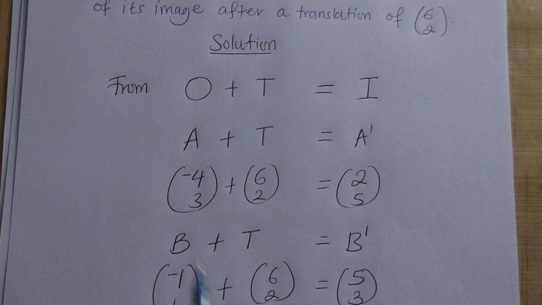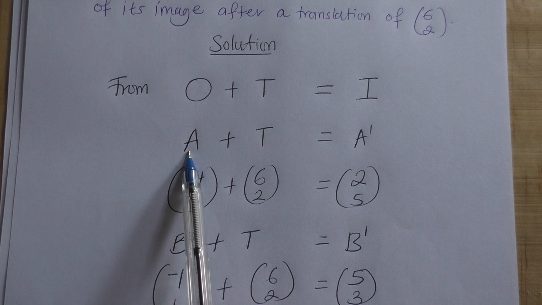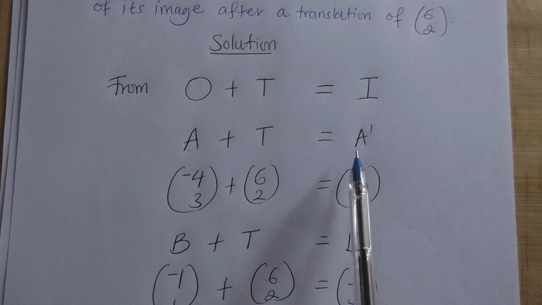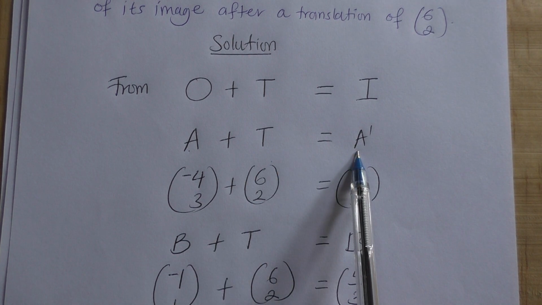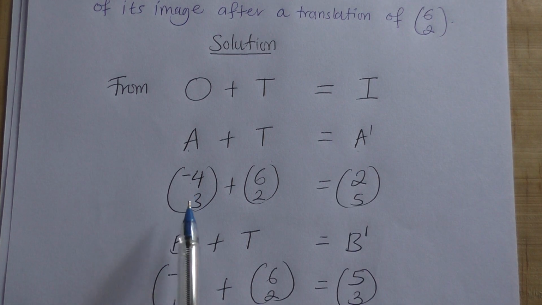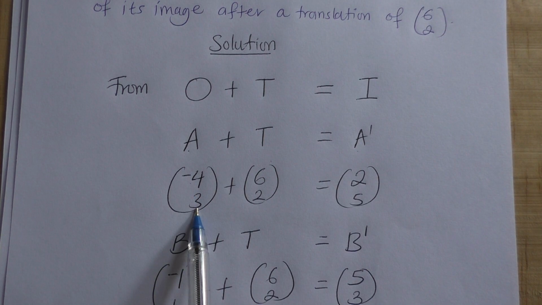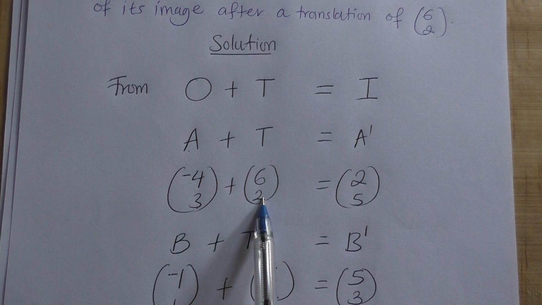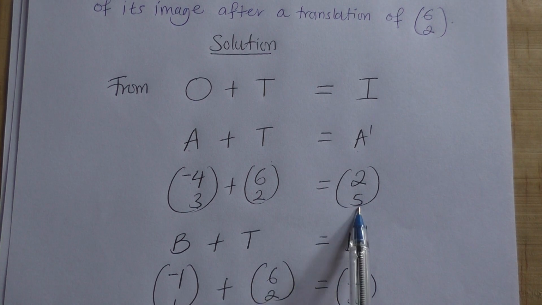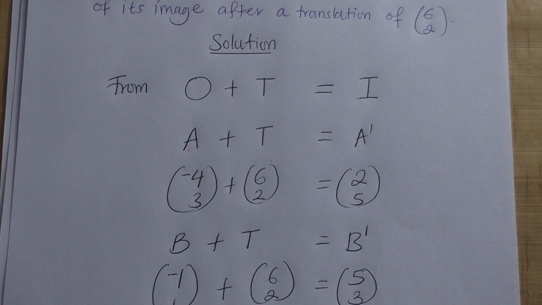And therefore, if we add the object point A plus the translation, will give us the new position or the image of A. That is negative 4, 3, which is the point A, plus the translation 6, 2 gives us 2, 5, which is the image of position A.